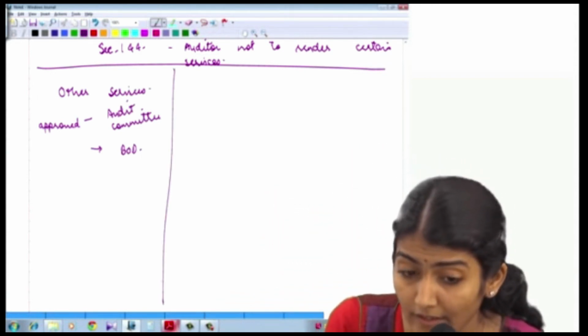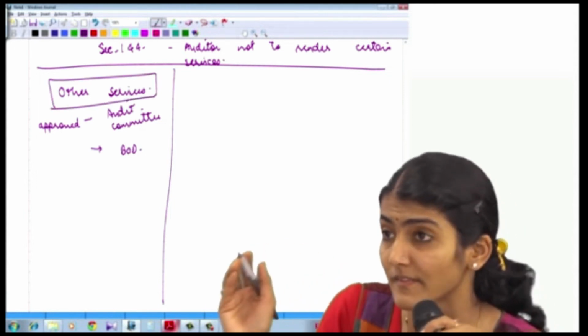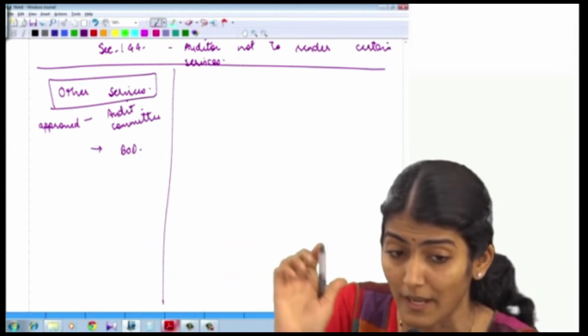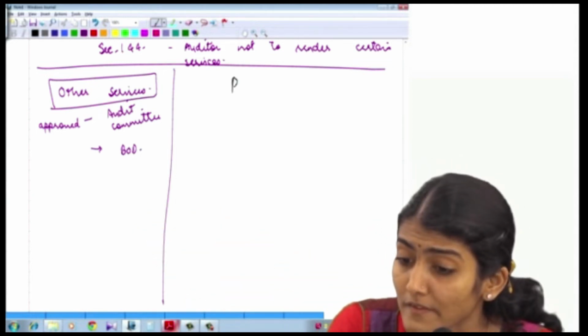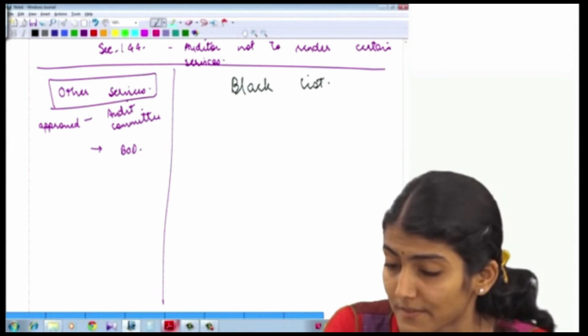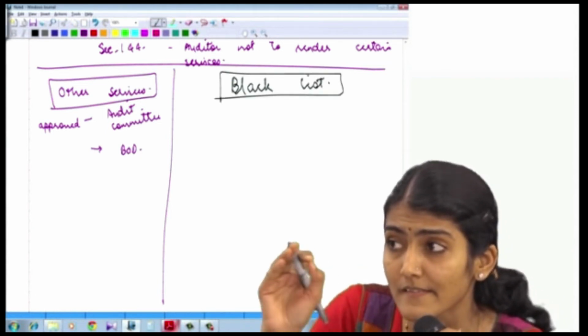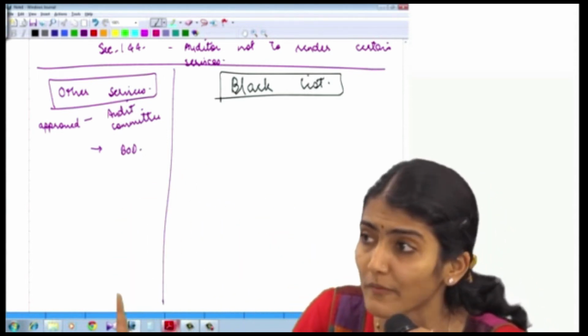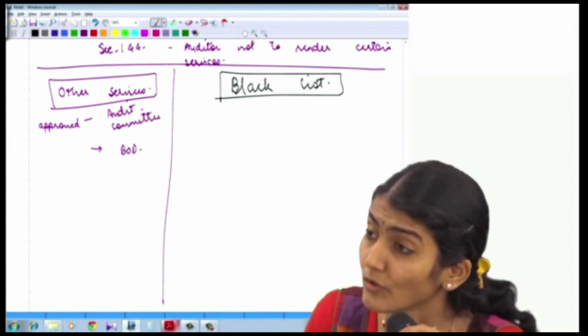But what does it say? In these other services, whatever services you want to provide as statutory auditor to the company, these services should never be there. This is the blacklist. If you provide these services as statutory auditor, you are disqualified under 141(3)(i). Not allowed.